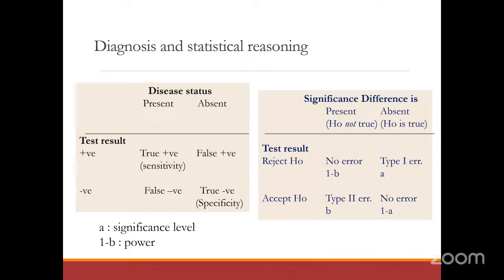Type 1 error means the disease is absent but the test result shows positive. In the type 2 error, the disease is there but the result shows negative. Go to the next slide.